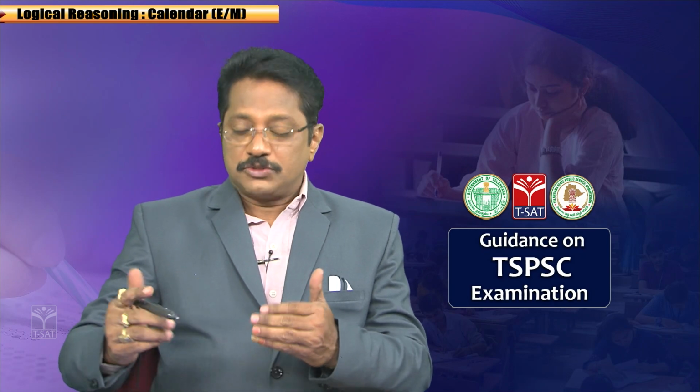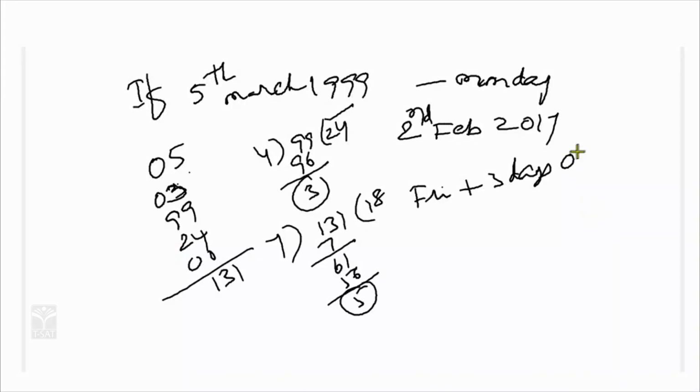So first you write 02, the date, correct. Next, for February the month code is 3, and the last 2 digits are 17, correct. And the century code is 6. When 17 is divided by 4, the quotient is 4, and the total is 32.